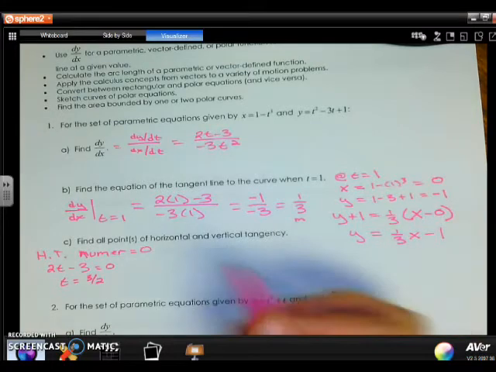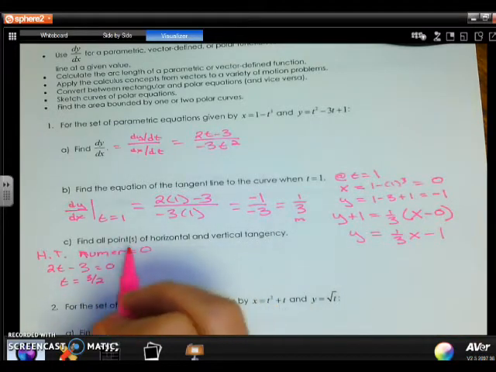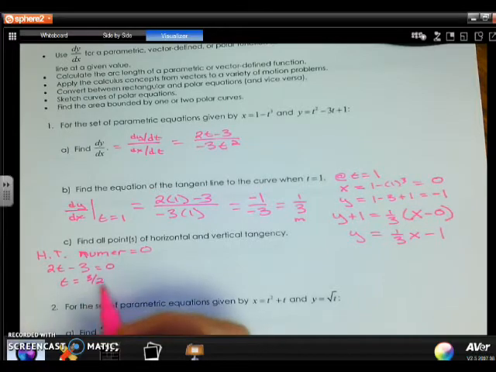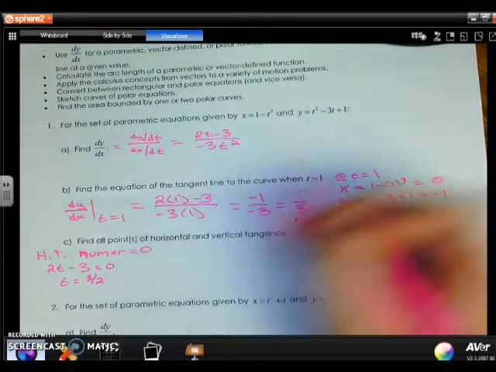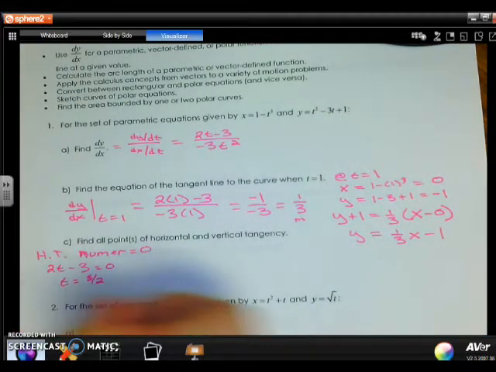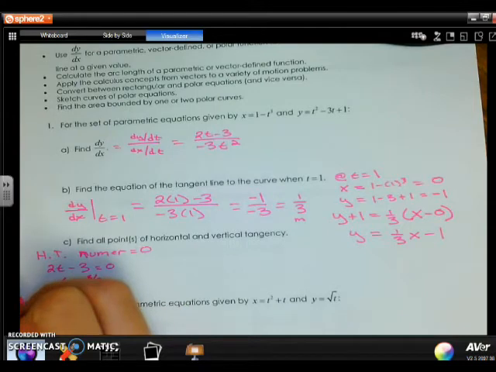So we have that, and then find all points, so make sure you're answering the question. This tells me at t equals 3/2, I have horizontal tangency. But to get the point, I need to take that 3/2 and plug it back into the x and into the y. Remember, a point is an x comma y. Sorry, I'm running out of a little bit of room here.